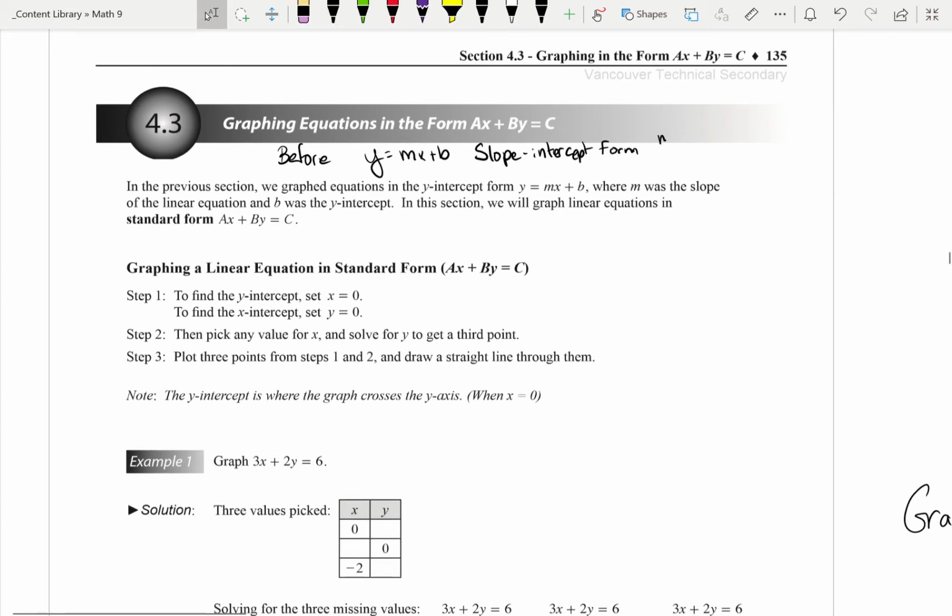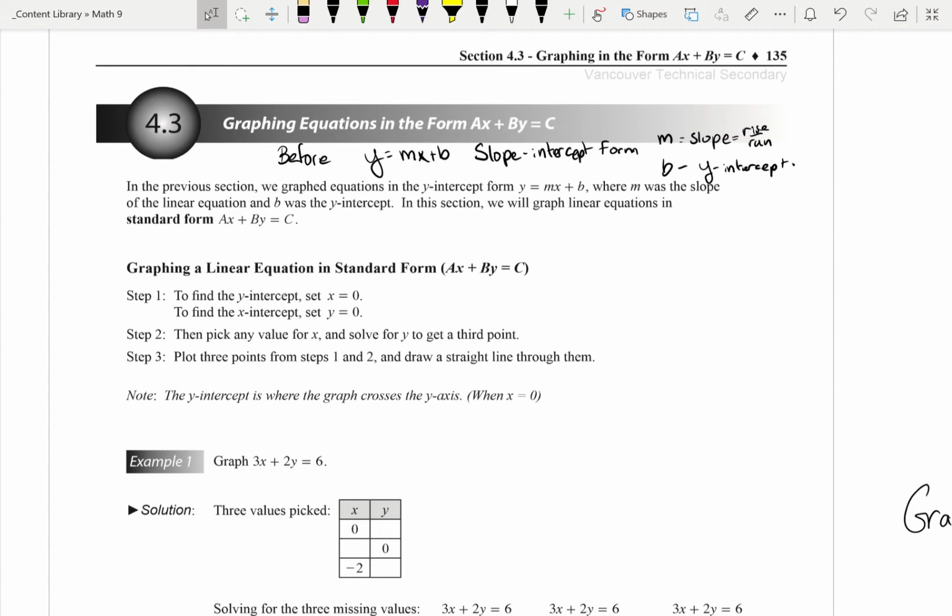Well, the m variable multiplying our x was equal to our slope, which is our rise over run, a measure of how steep our line is, either going up or down. And then our b was the y-intercept. I used a football analogy, but this was where our line crossed the y-axis.